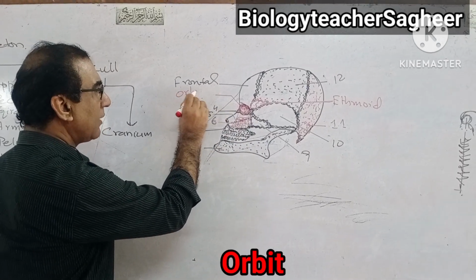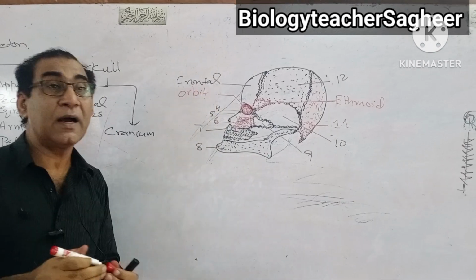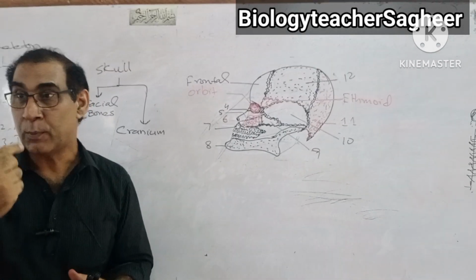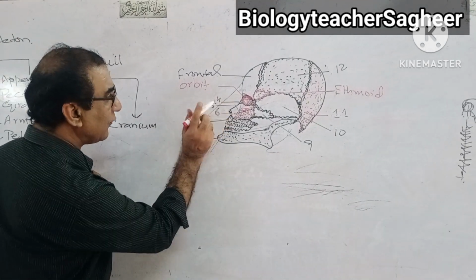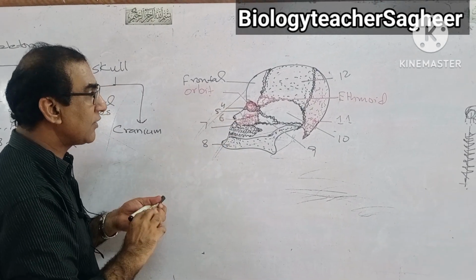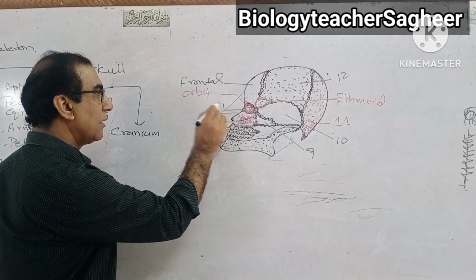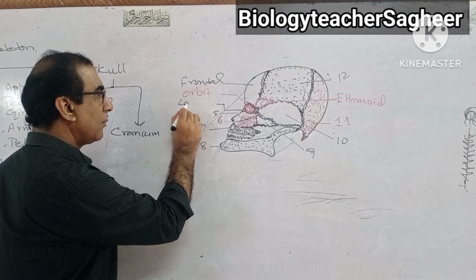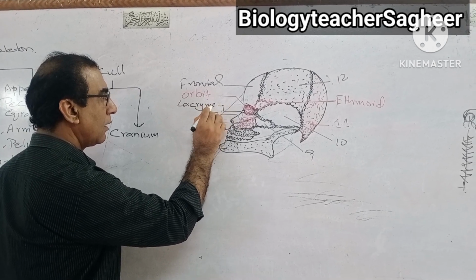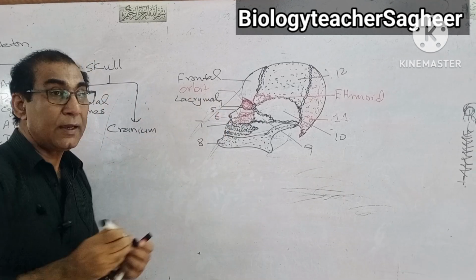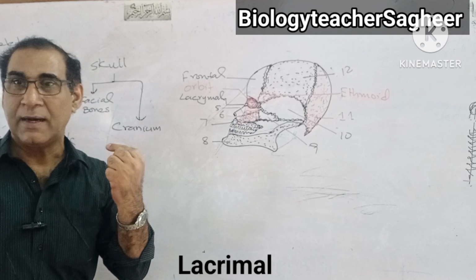Orbit is the part of your facial bone which hosts the eyes, the eyeball. Now, what is the name of this fourth bone? Lacrimal bone. Good. It is present along the tear gland or lacrimal gland.